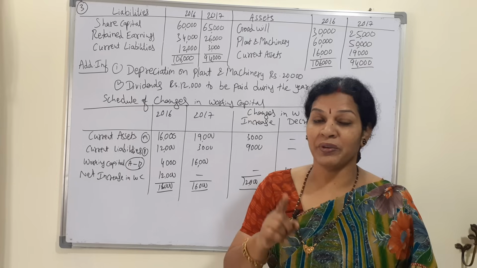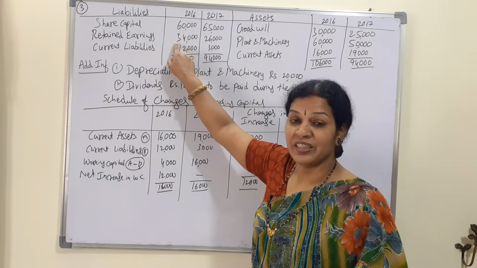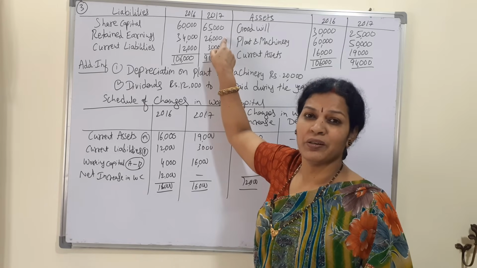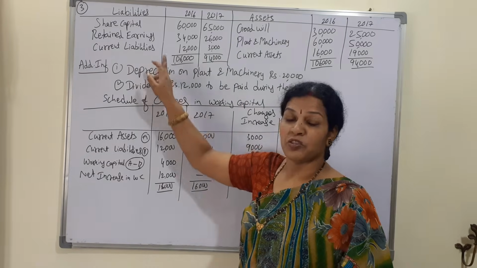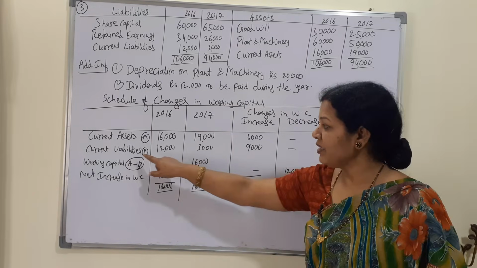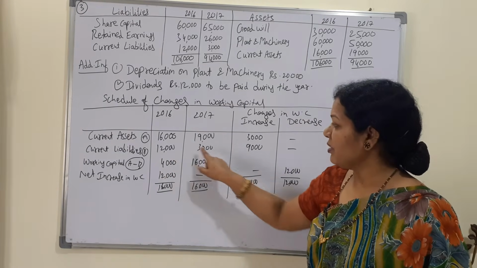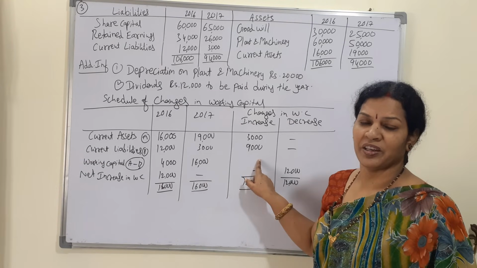The adjusted profit and loss account is opened with the opening and closing balances of retained earnings because the profit and loss account is not given. Next, total current liabilities are given. I have written here 12,000 and 3,000. Decreasing means we write it on the increasing side.